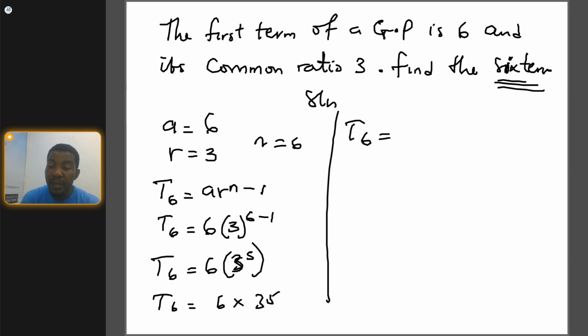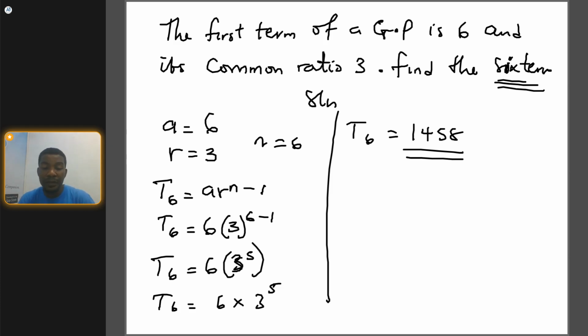When you simplify this, 6 multiplied by 3 raised to the power of 5. This is 3 raised to the power of 5, not 35. Take note, 3 raised to the power of 5. That is T6 equals 1,458.